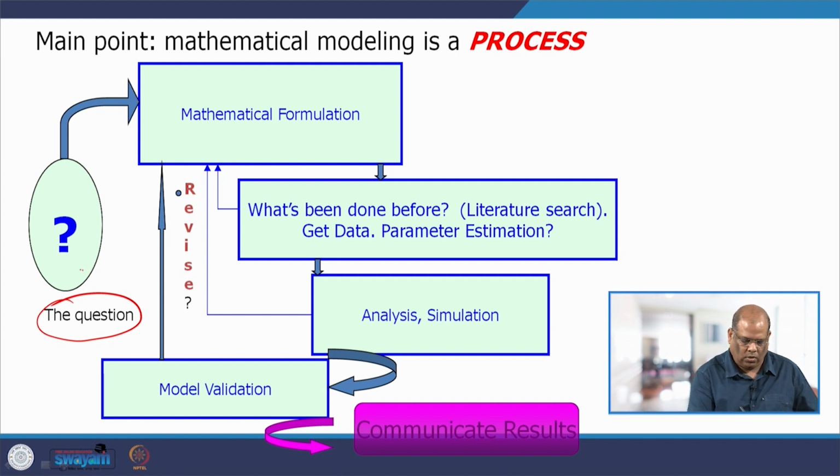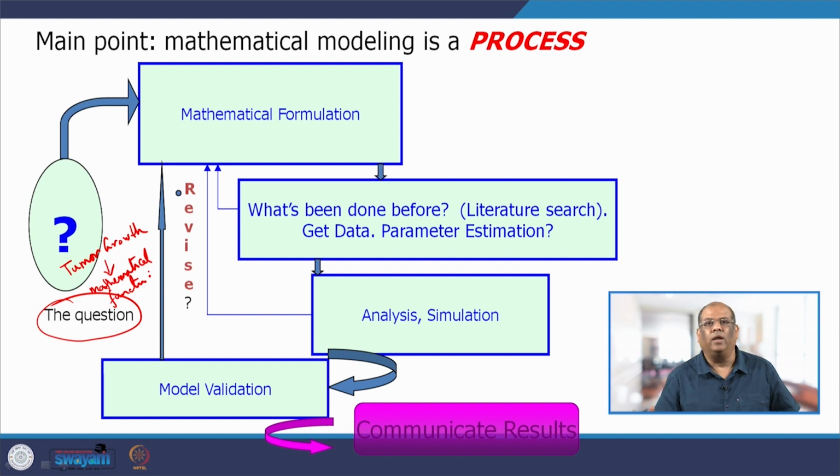So, my question is tumor growth, and I am looking for a mathematical function. Is there any mathematical function that can capture this tumor growth or not? Once you pose the question, I will come to the mathematical formulation.